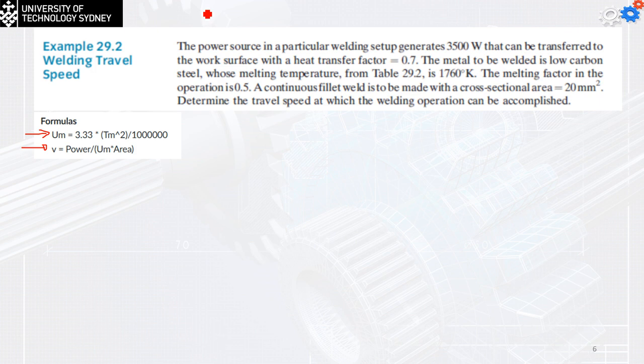Actually, I can say that the power is equal to the velocity multiplied by the UM multiplied by the area. So that's joule per cubic millimeter, that's millimeter squared, and this is millimeter per second, and this will be joule per second, which is the watt of the power. Anyway, let's read the question here.